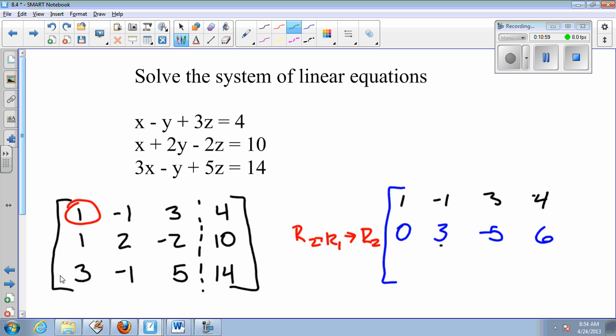So we're also going to take care of this 3 by taking row 3 minus 3 row 1 and get our new row 3.